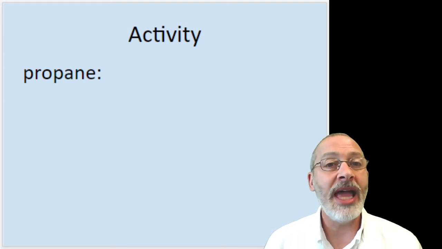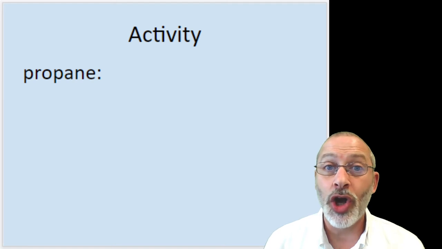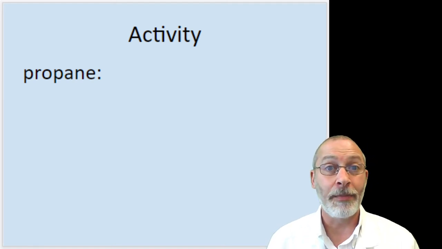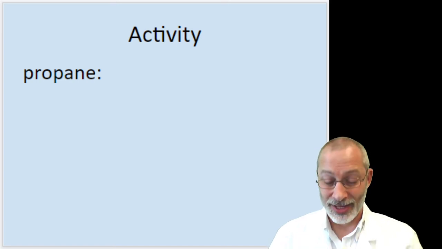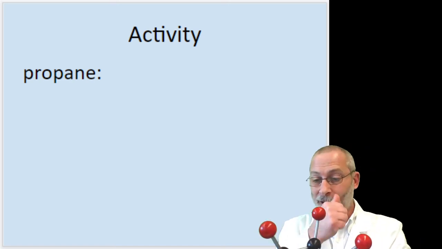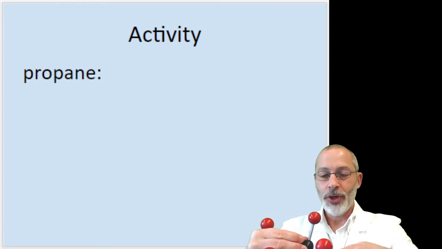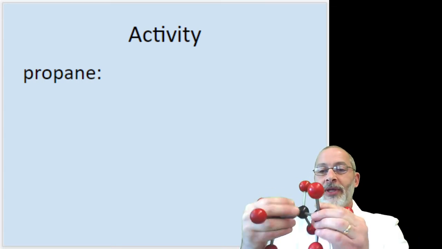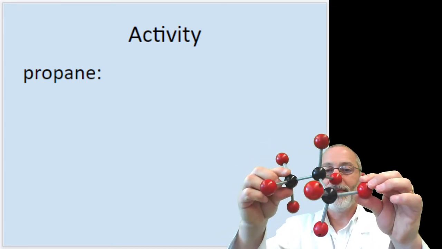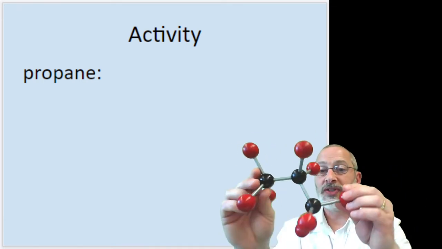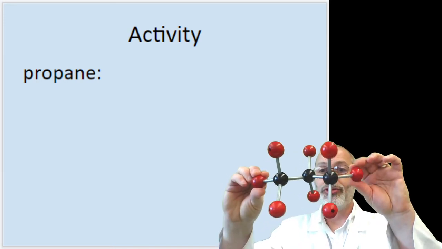And what kind of bonds exist between all of the carbon atoms with a name like propane? Single bonds. Very good. So here is a model of propane. There are three carbon atoms with all single bonds, and at the end of all the bonds are hydrogen atoms.